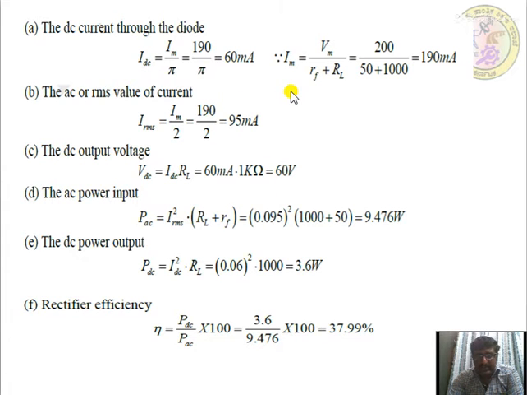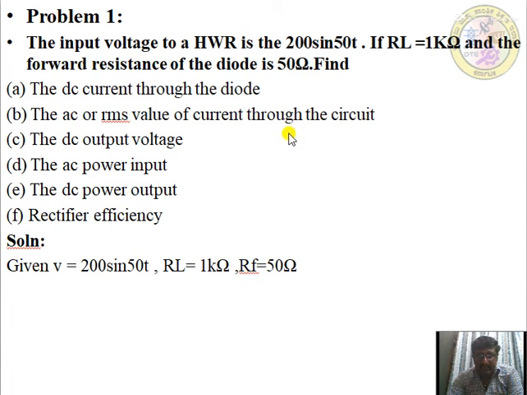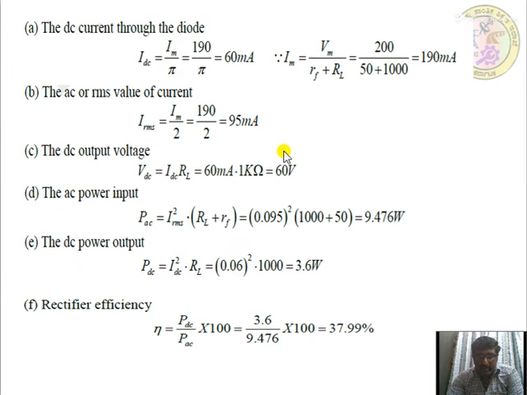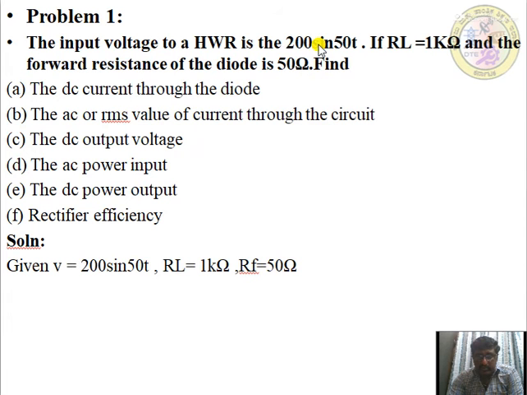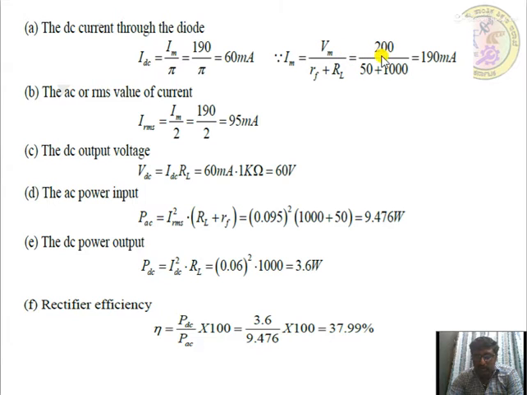First, A, the DC current through the diode. The formula is IDC equal to IM by pi, but IM is not given, so we should calculate the IM value. IM is calculated using VM divided by RF plus RL. Comparing 200 sin 50t with Vm sin omega t, Vm is equal to 200.